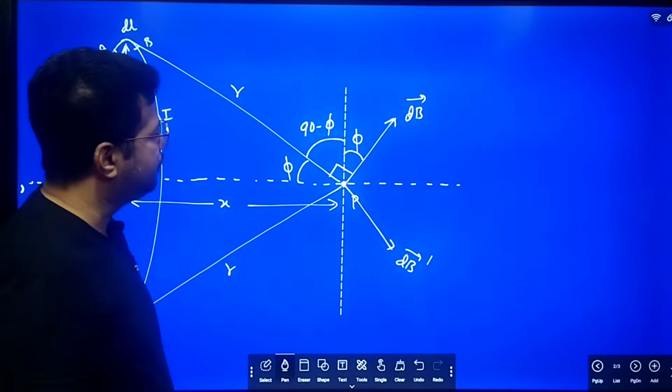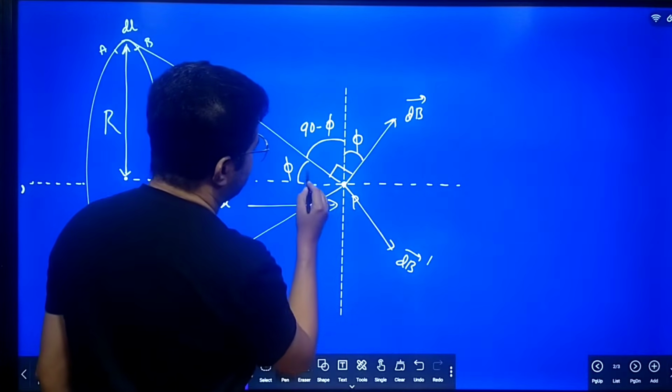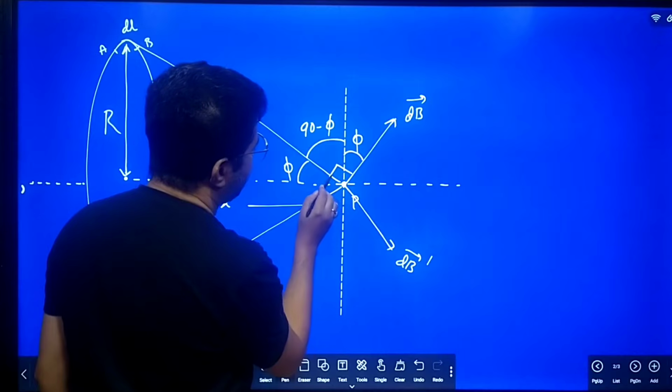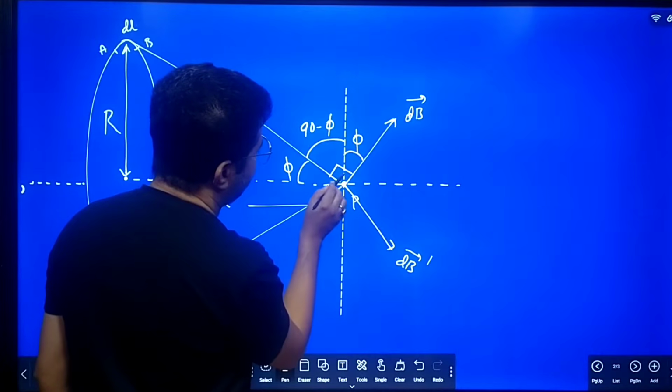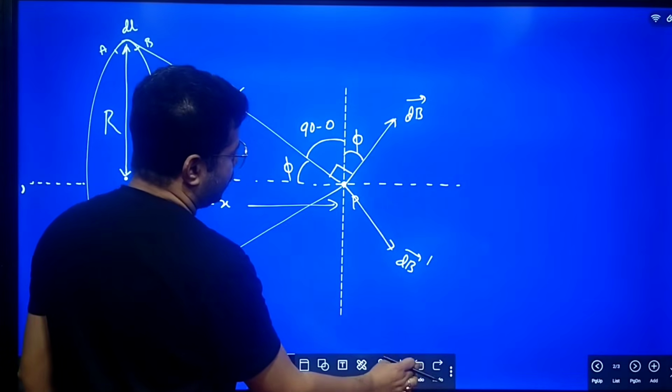Here this angle is 90 degrees. So this is phi, this is 90 minus phi, and we know that this angle is 90 degrees. Therefore, if this is 90 minus phi, this should be equal to phi. Hope you understood this.